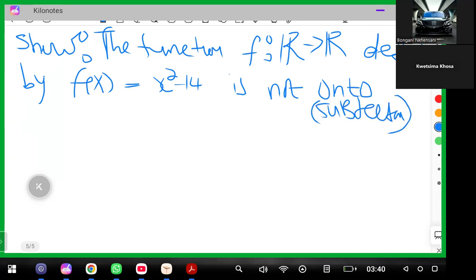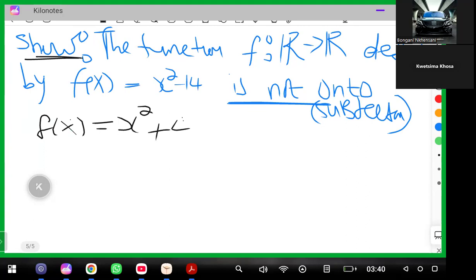So we know that we must get that the function is not onto, and I must just prove it or show it. That's what they say, show. So given f of x being equal to x squared plus 4.